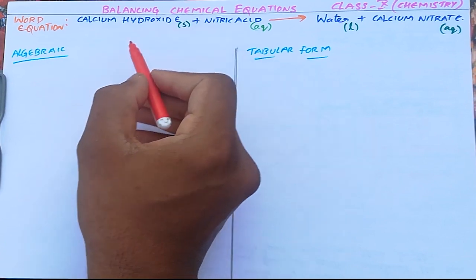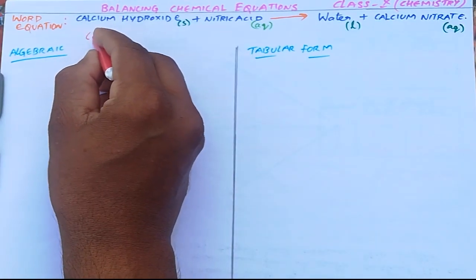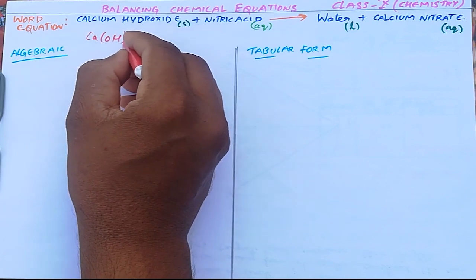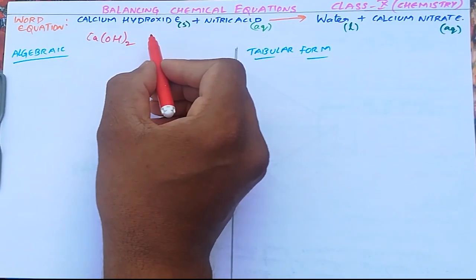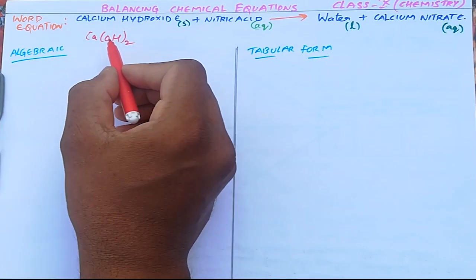Calcium hydroxide, the formula is Ca(OH) taken twice. Always remember, viewers, hydroxide means OH, only oxide means O. So calcium hydroxide is Ca(OH)2.